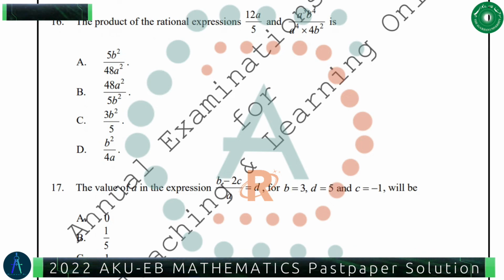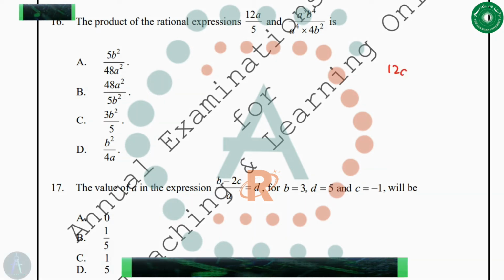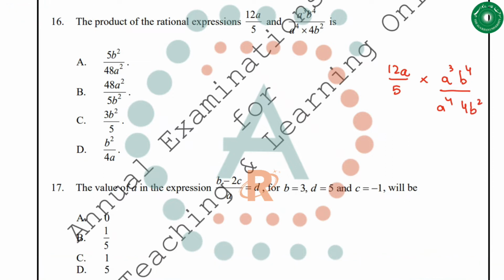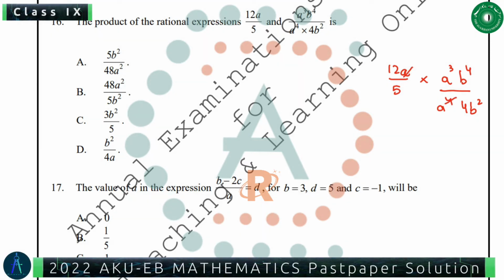Question number 16 and 17. The product of these rational expressions: 12a over 5 multiplied by a cube b4 over a4 and 4b square. So let's cancel out: a and a3 will cancel out, and a3 will be cancelled with this complete a.